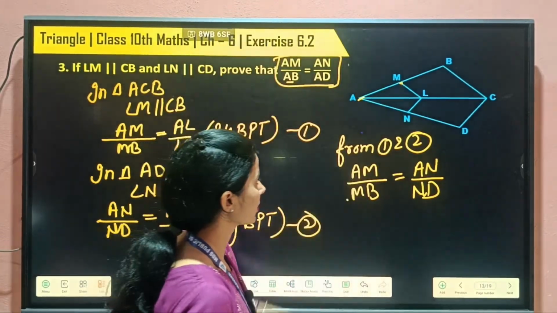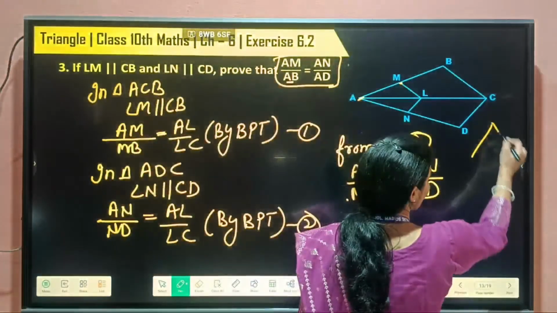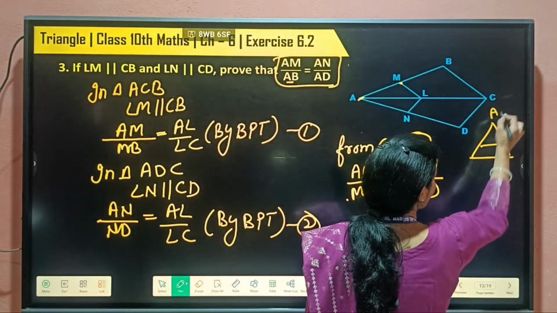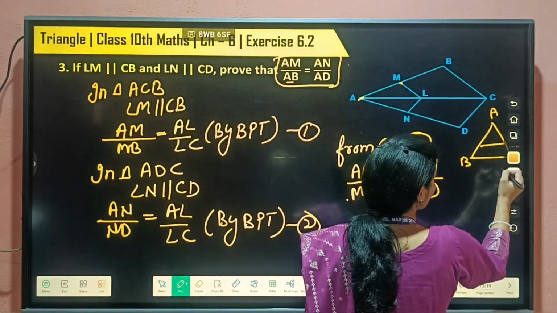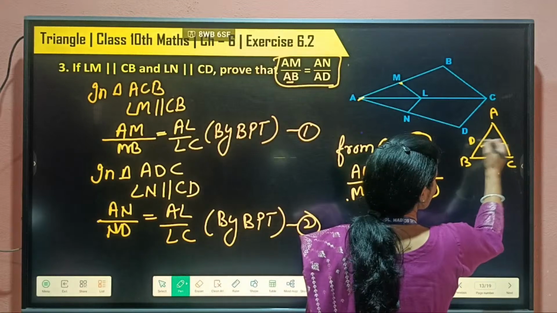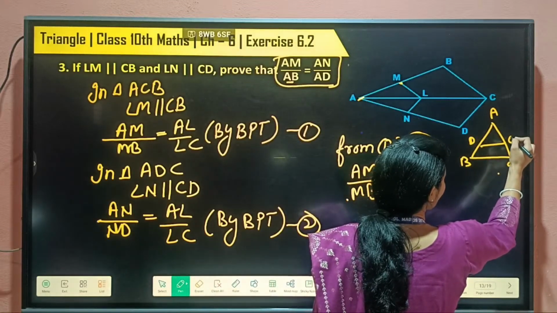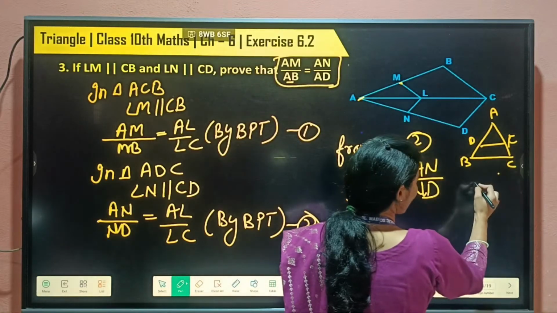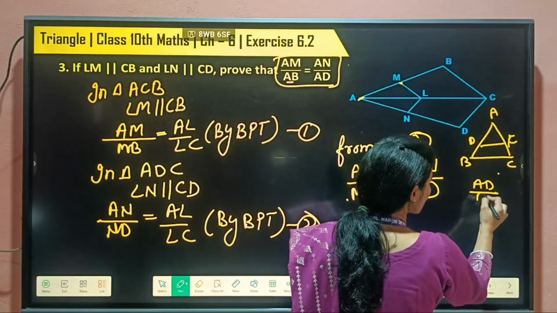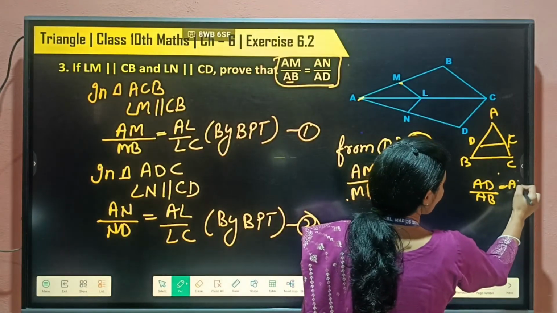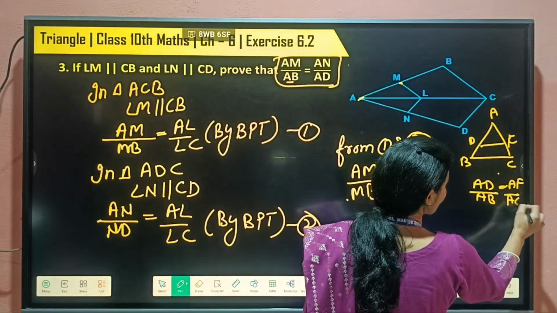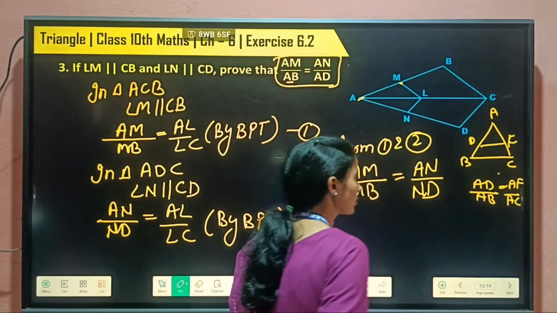Now see, in this triangle A, B, C, and this is D, and you can say this is F. I can write AD by AB and AF by AC. How we can write this? Let us do its proof.